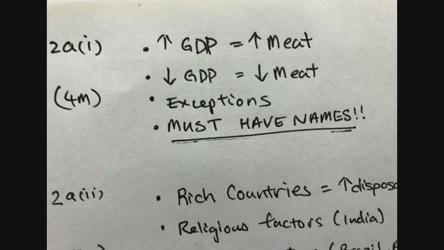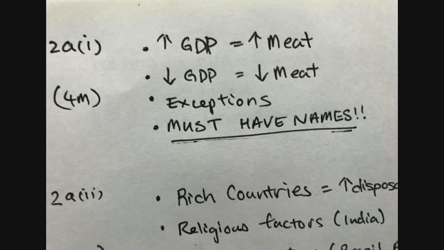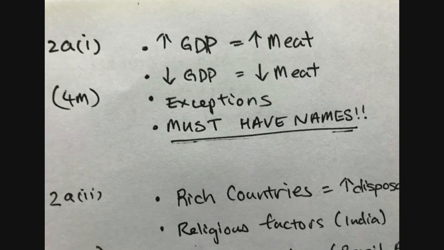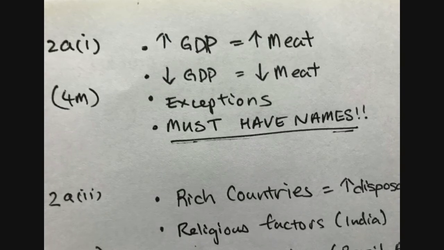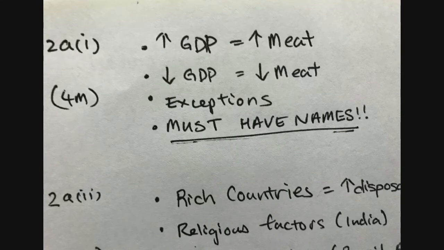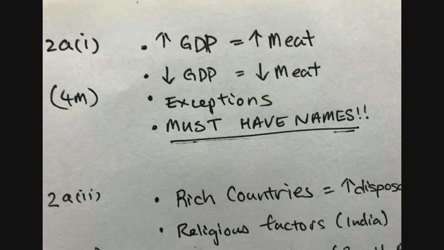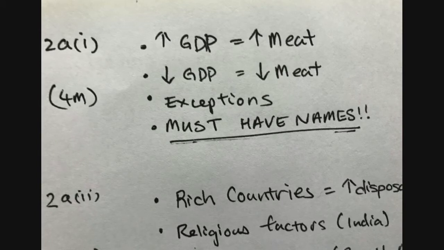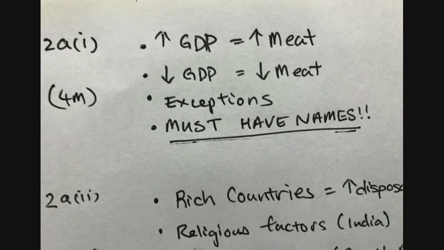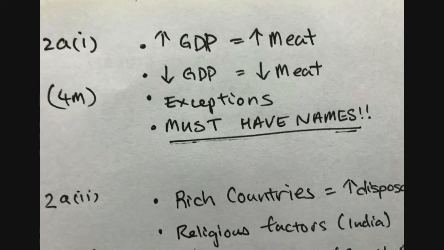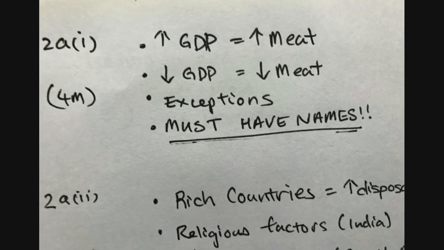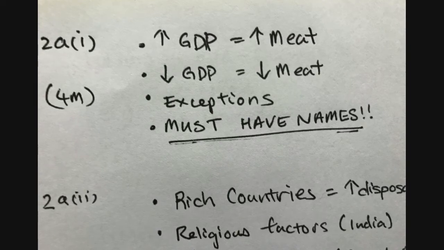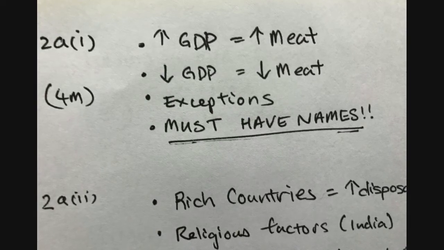Mention exceptions to this rule, countries that are away from the norm, countries like Argentina, Brazil, and Japan. Finally, you must name the countries. There are several candidates who mention LDCs and DCs as a condition, and they do not name the countries. The countries' names are clearly provided in figure 3, and so you have a responsibility to correctly and clearly name these countries as your examples in your answer.